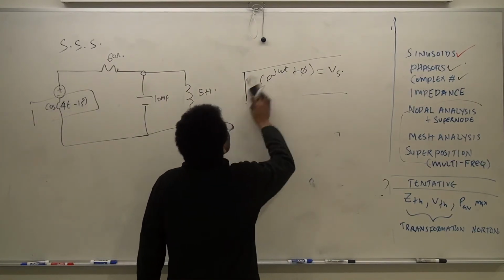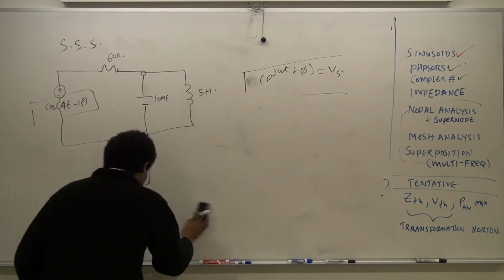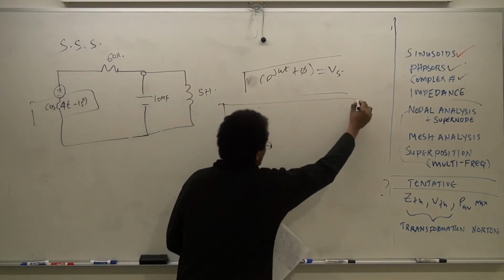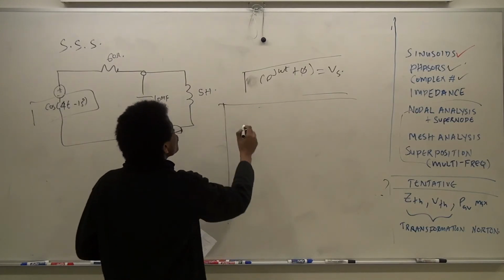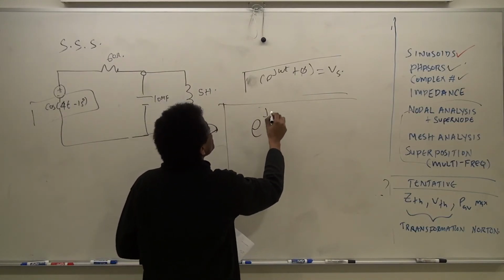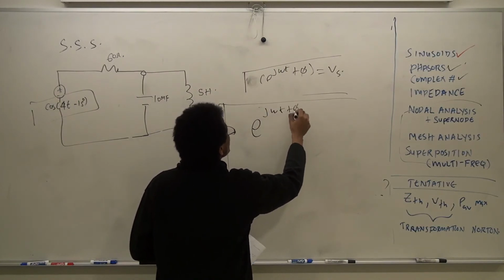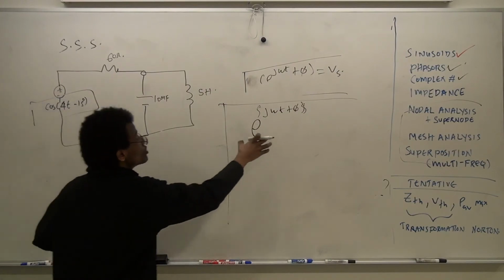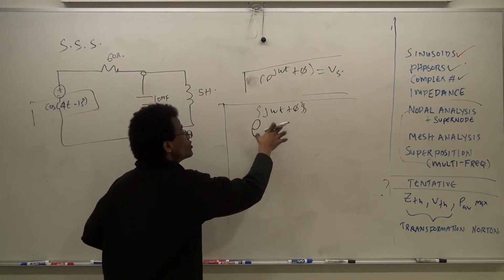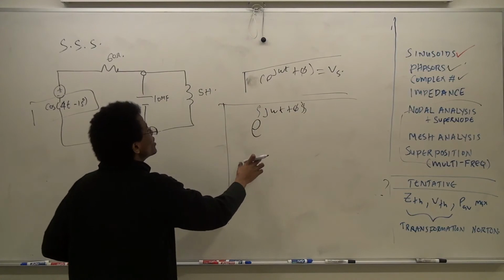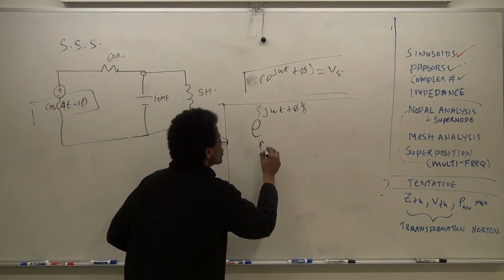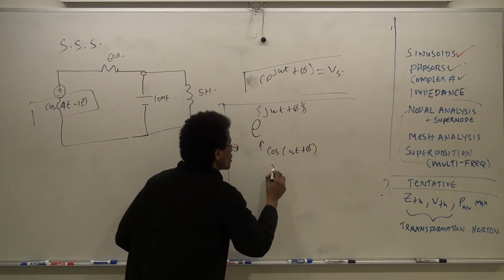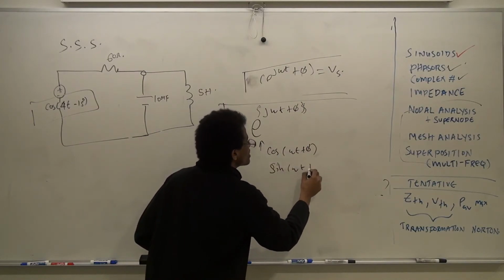Let me tell you one last thing before we do any solution, this is just insight. We are assuming a solution of the form e to the power j(omega t plus phi). When we use this as a solution, we have a cos(omega t plus phi), and also an analogous j sin(omega t plus phi).